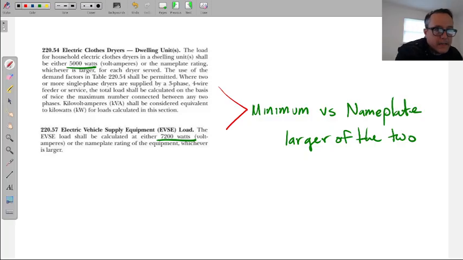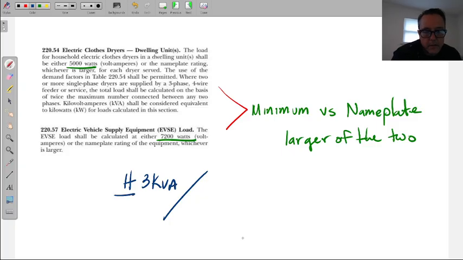So if I have an air conditioning system, for example, and it says that the heating is whatever, let's just go with 3 kVA. Let's use those terms. And I have the cooling system, and this one says it's 4 kVA.